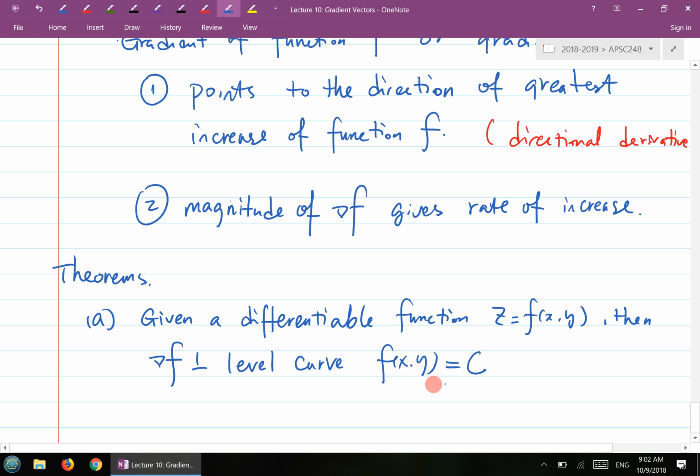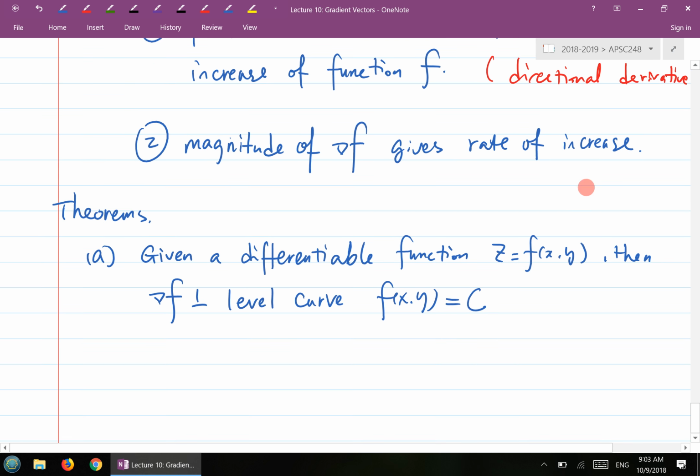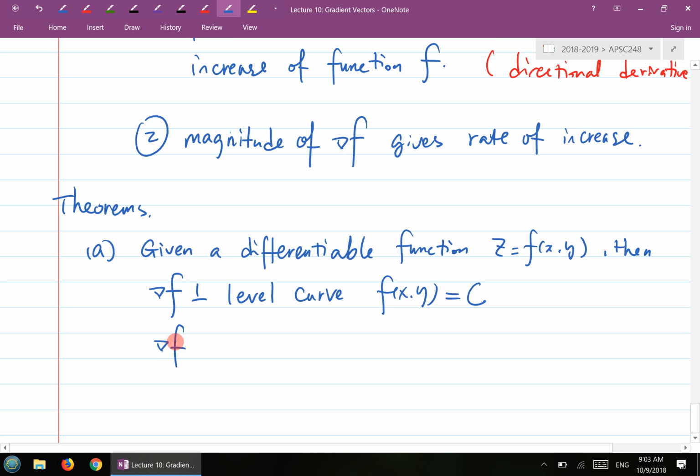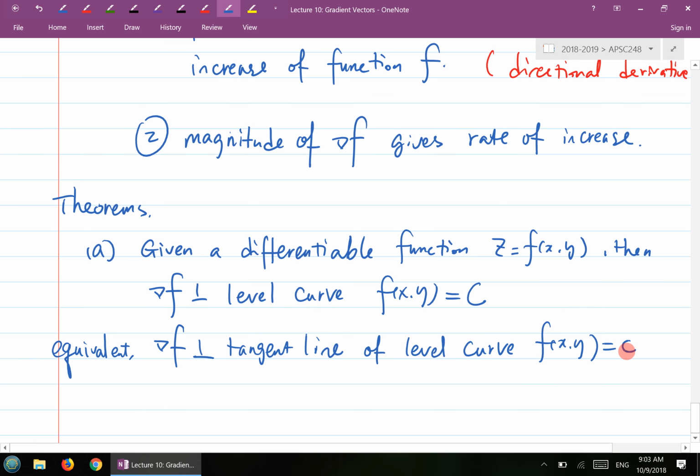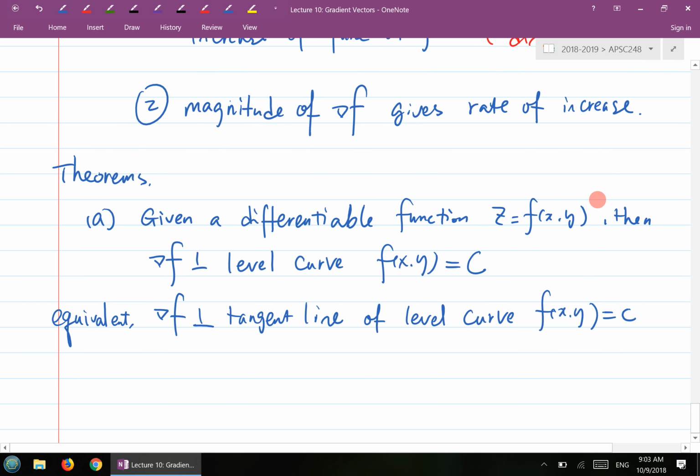So that's what a level curve looks like. You substitute z with a constant c, you get a level curve. The del f is perpendicular to a tangent line of this level curve, f of x, y equal to c.